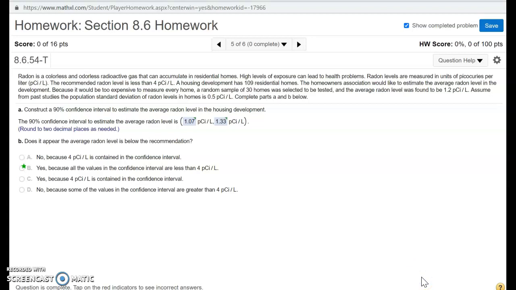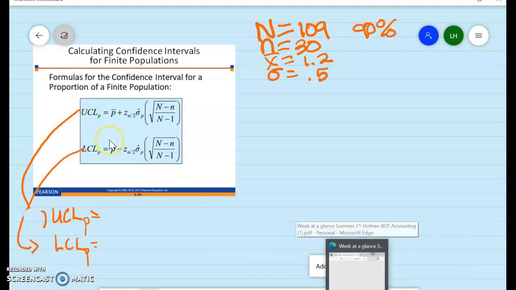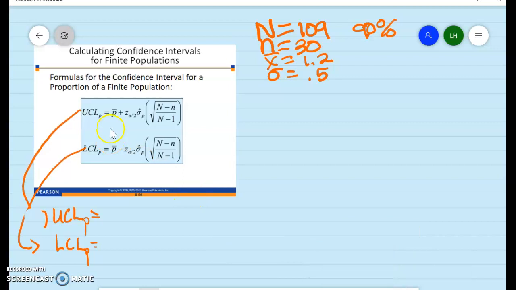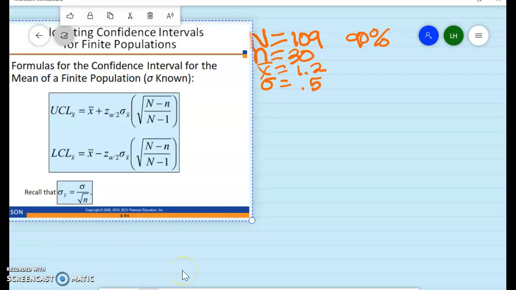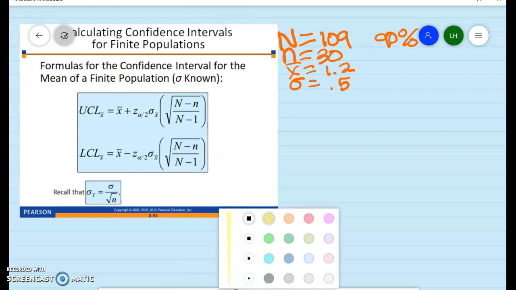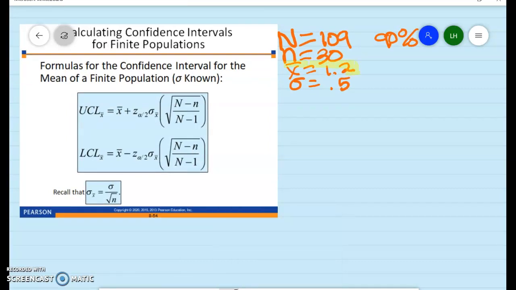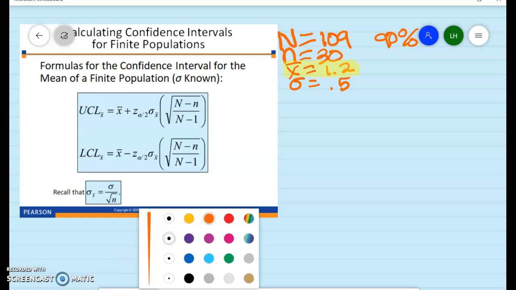We want to calculate a 90% confidence interval. So 90%, and this population standard deviation is known. So we are going to use that formula. Okay, so far we have the first information we need for our confidence interval. We need Z, and we're doing a 90%.